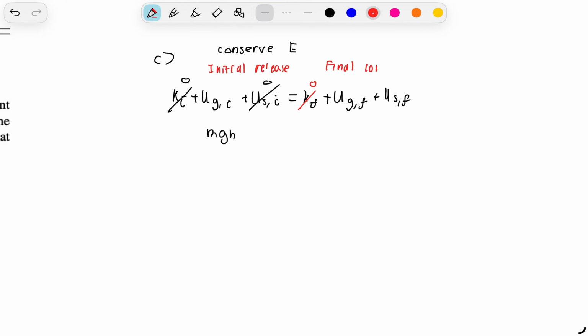This is the final compression. We have negative mg x max, and we have 1/2 k x max squared.